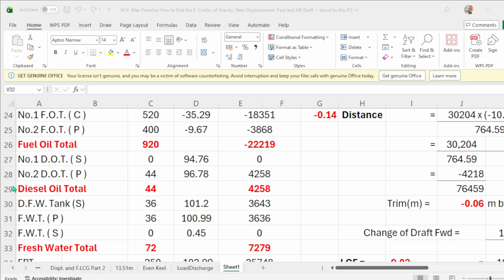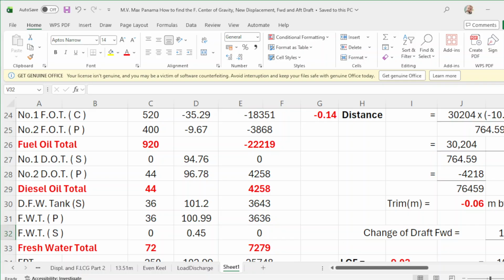Now we're going to load in number 2 DOT port side, 44 metric tons, multiplied by this LCG, and this will be your LCG moment. Okay. Then fresh water, positive, we're going to load 36, and also fresh water tank times your LCG. This will be your LCG moment. Okay.